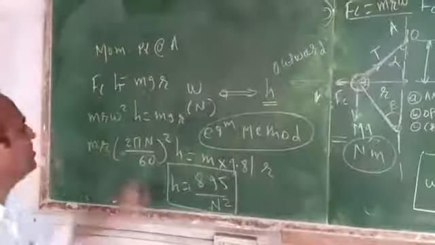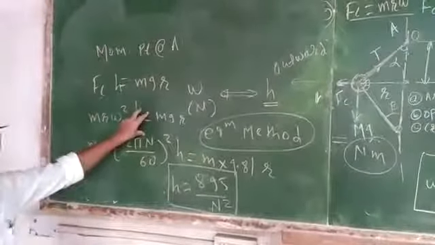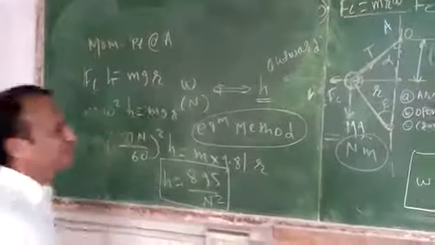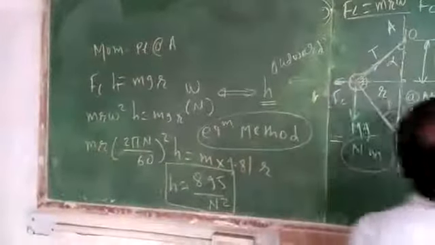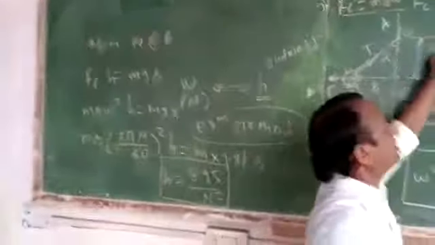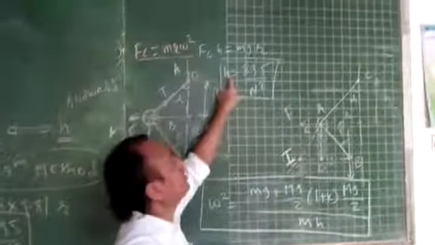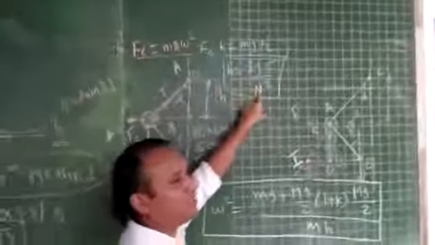Understand, student? Simple mechanics and mathematics. The same expression here I have written. That is h is equal to 895 by N square.